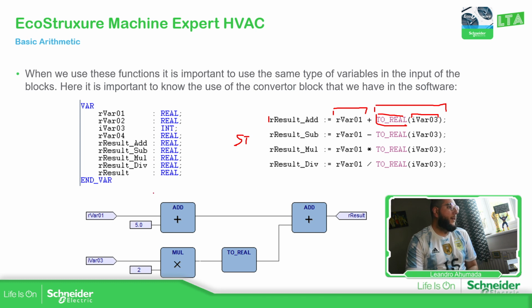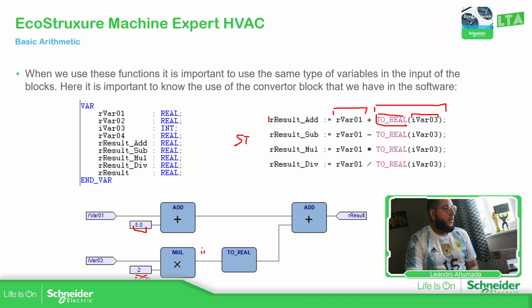Now here I have an FBD, with a constant value added to the real variable. As you can see here, I have a 5.0, and I'm using the dot because it's a real variable. But here in an int variable, I'm not using the dot because it's not a real value, so using 2.0 is useless.